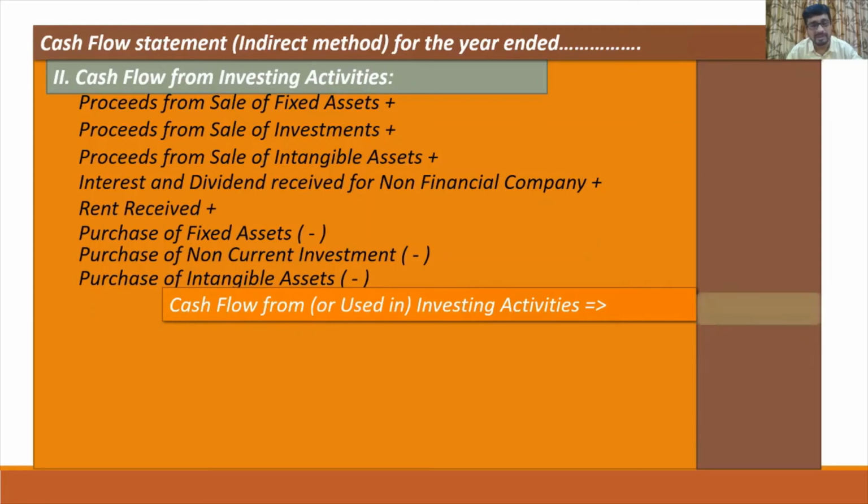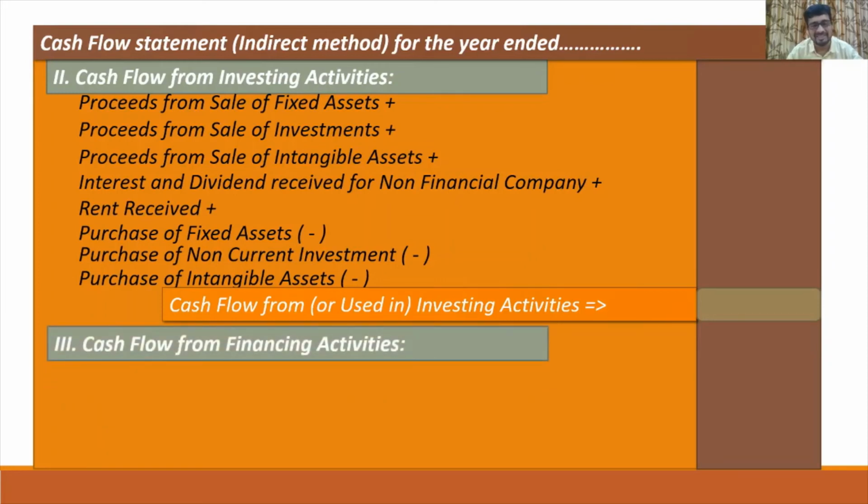If it is positive, then it is cash flow from investing activity. If it is a negative value, then it is cash used in investing activity. It is so simple to prepare. Only non-current assets and non-current investments are involved, children. Simple.